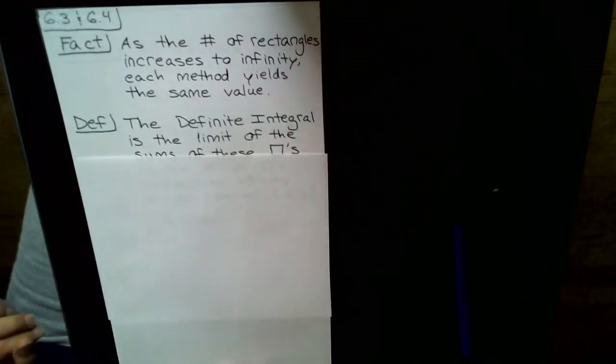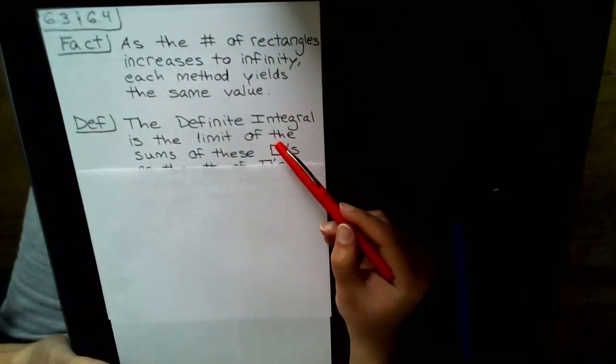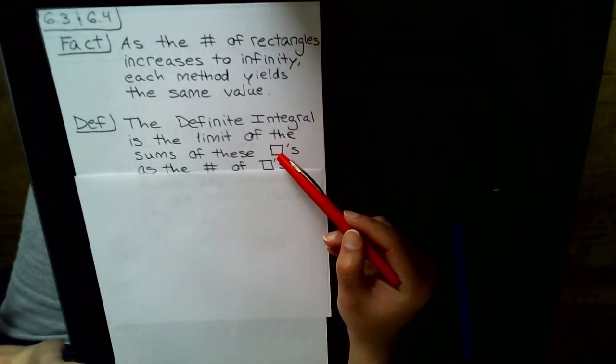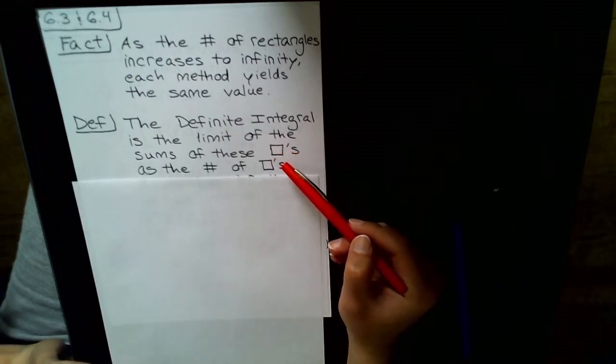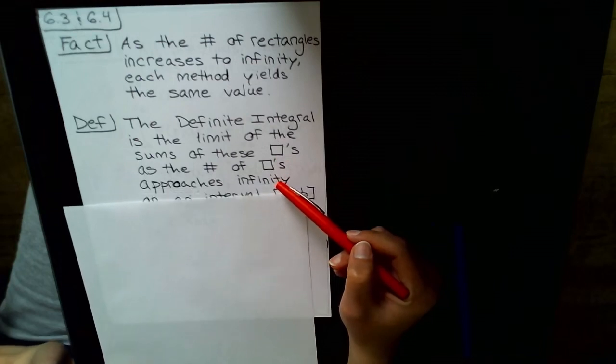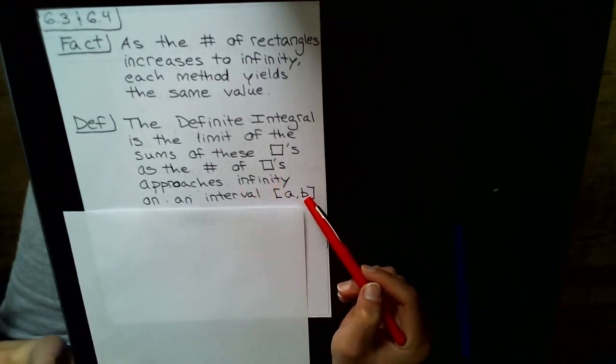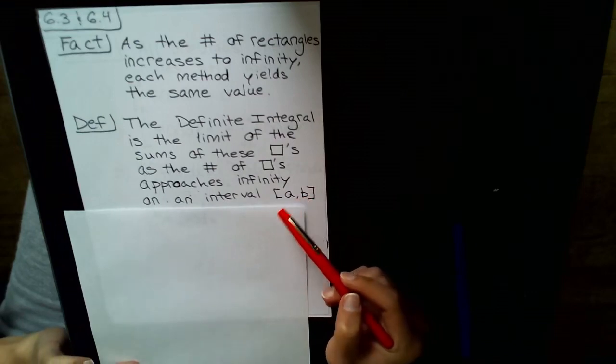In comes the definition for the definite integral. The definite integral is the limit of the sums of these rectangles as the number of rectangles approaches infinity on an interval a to b. So remember, our interval was 1 to 5 in those problems.